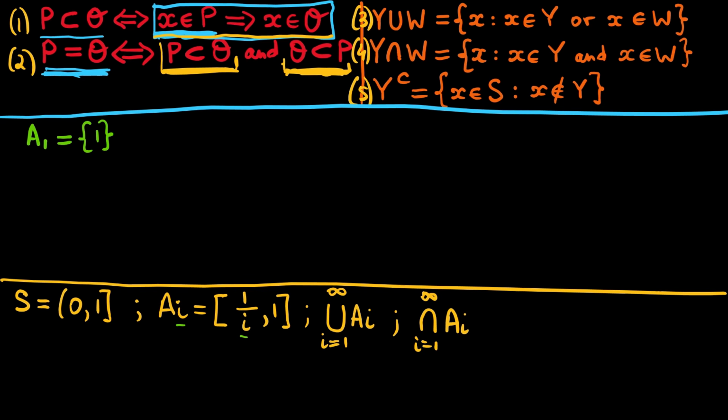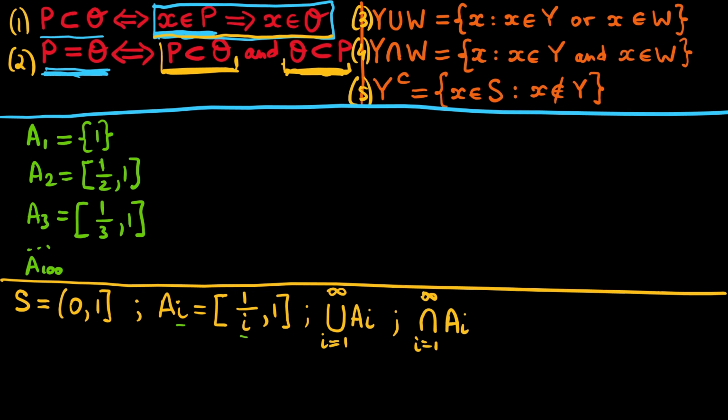Now suppose we're also interested in set A2, which plugging in 2 for i would go from 1/2 to 1, and then set A3 that goes from 1/3 to 1, and set A100 that goes from 1/100 to 1, and so on.